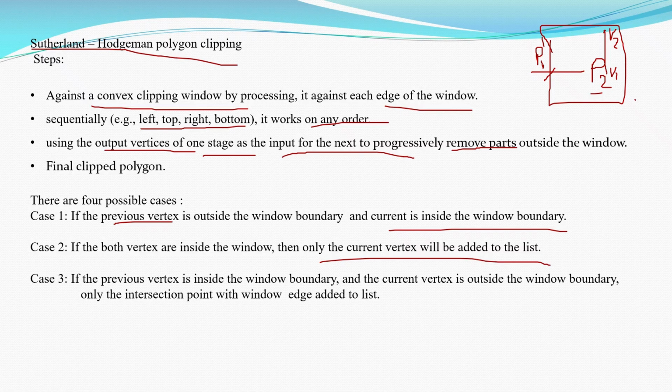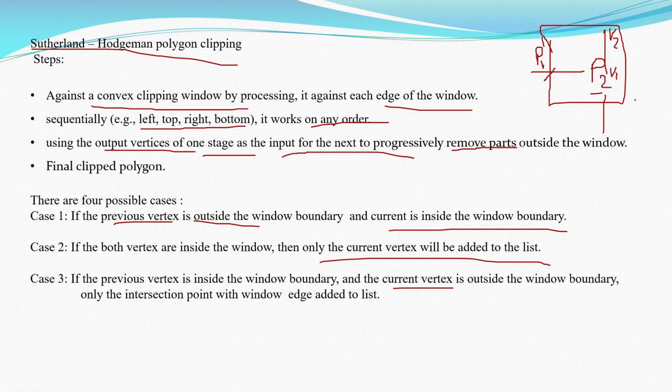Next, third case: the previous vertex is inside the window boundary and the current vertex is outside the window. Here it goes like this.